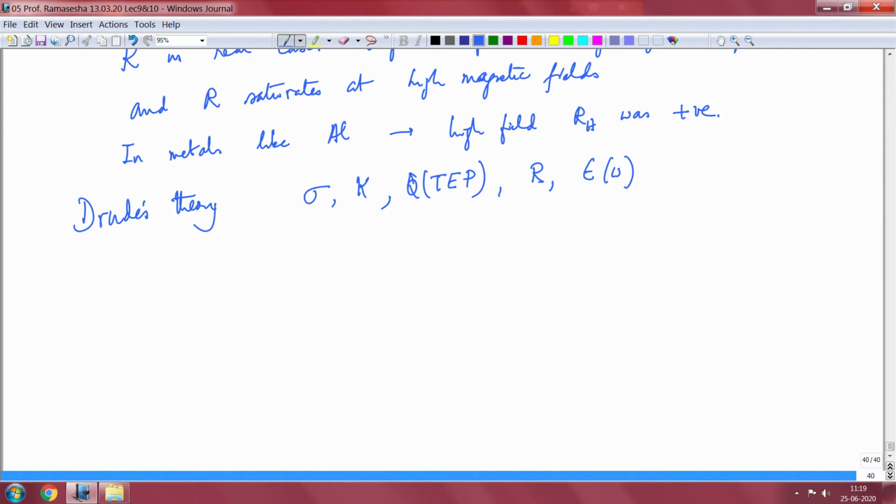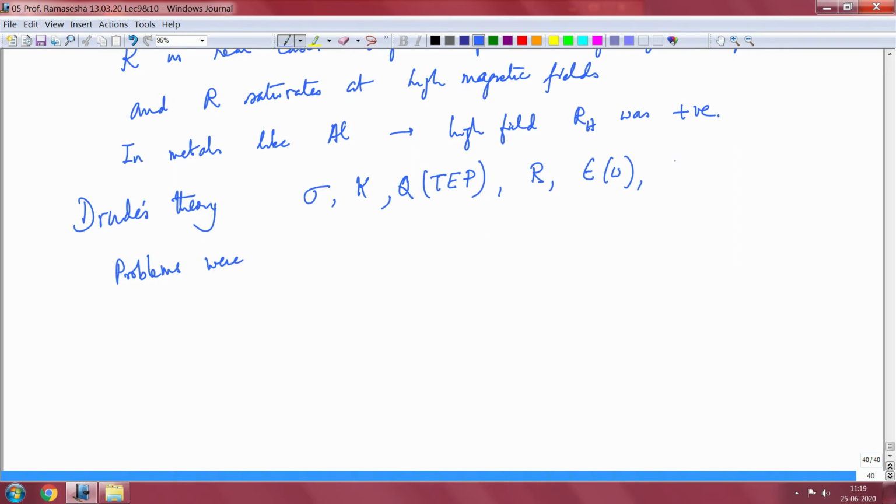Although many of these things could be calculated, the question was, there were many inconsistencies. First of all, the problems were the specific heat.